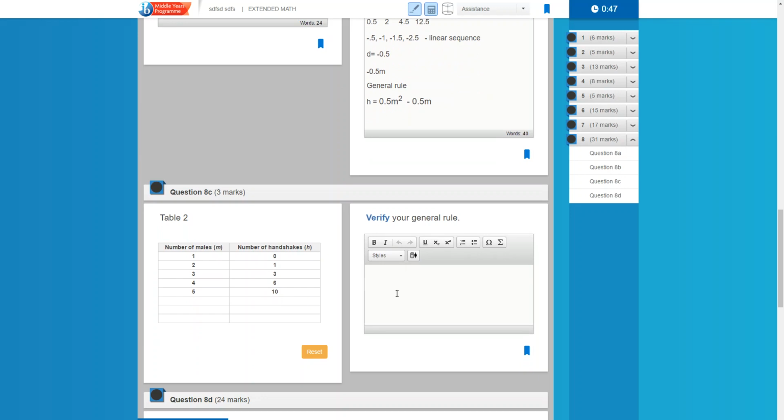Right, verify your general rule. All we need to do is to substitute a value in.